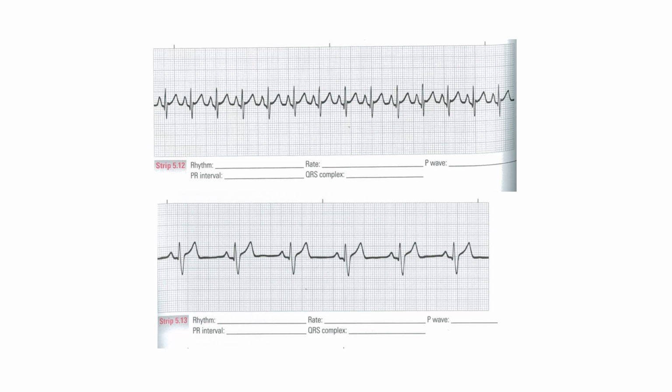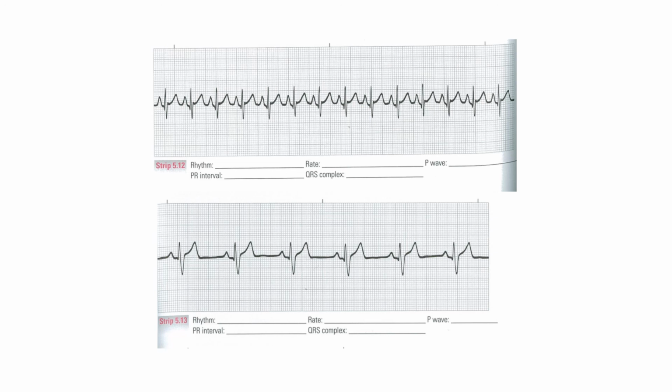If you use the 6 second method, you would count all of the R waves, but not this complex and not this complex. So you have 1, 2, 3, 4, 5, 6, 7, 8, 9, 10, 11, 12. So you have about a heart rate of 120, or more exact is 125.